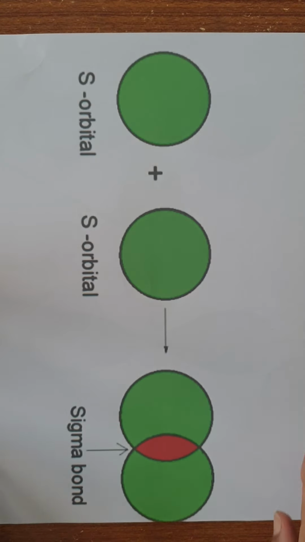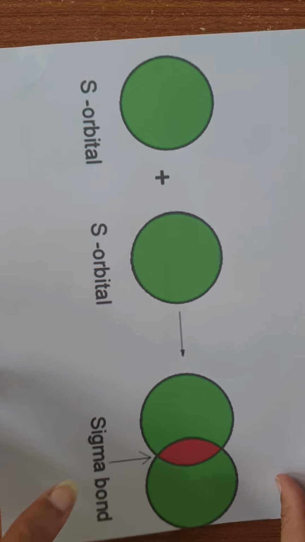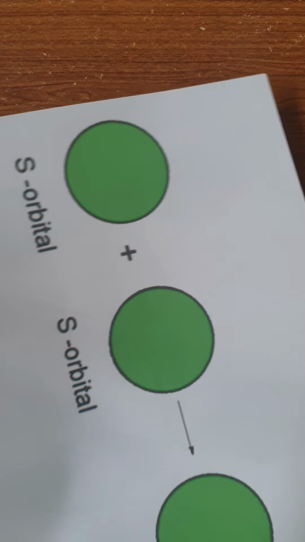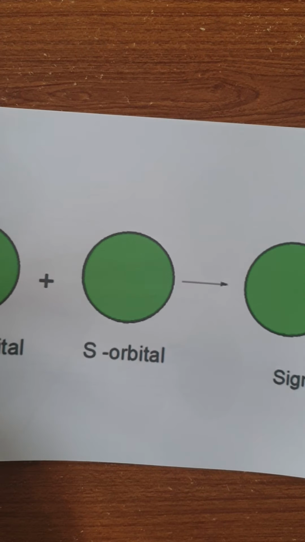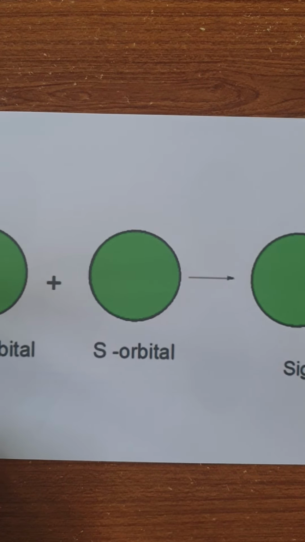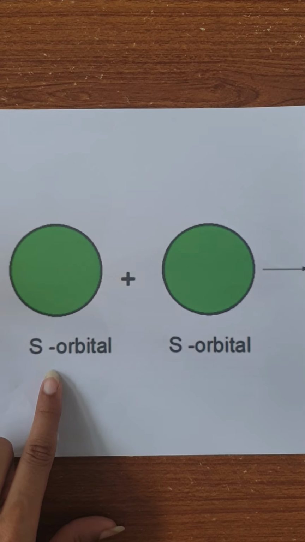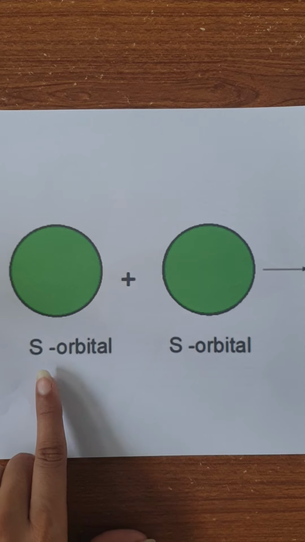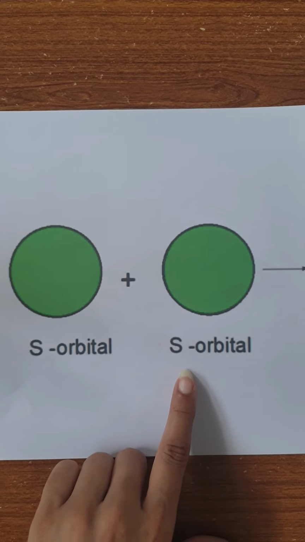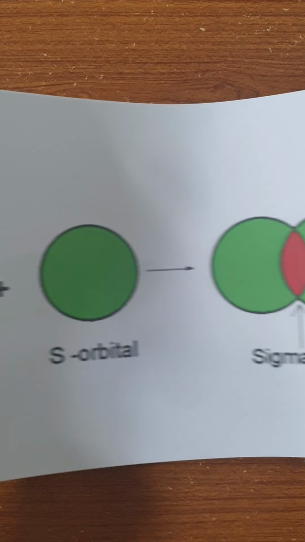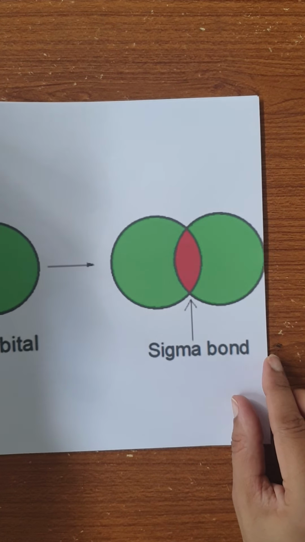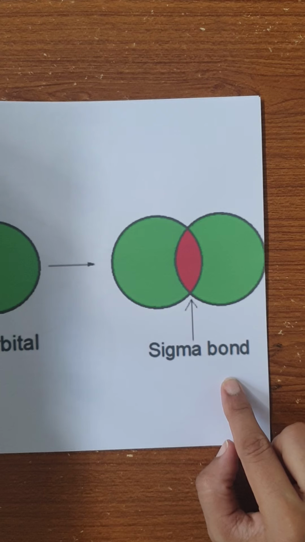Now we have different types of molecular orbitals. You will notice that this is the structure of the s orbital, which is spherical in nature. The s orbitals overlap with one another and give us a bond which is known as a sigma bond.